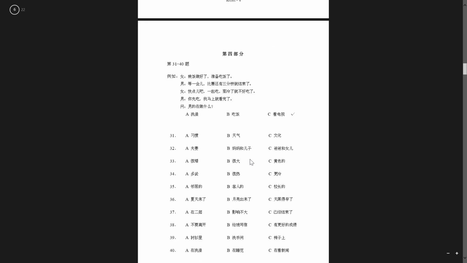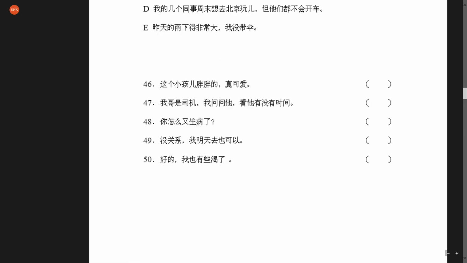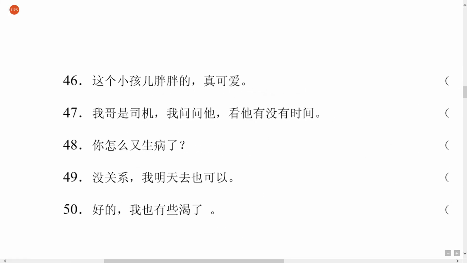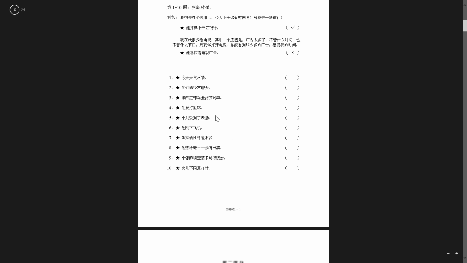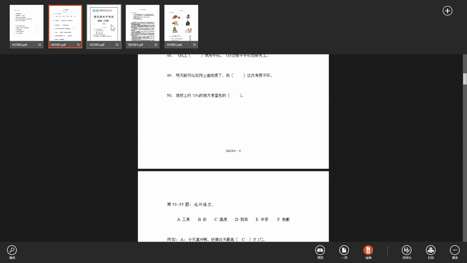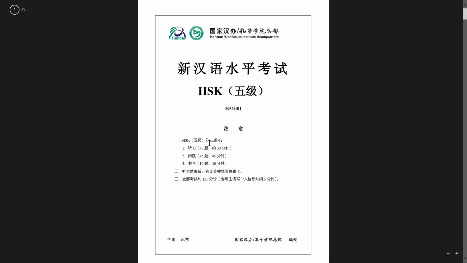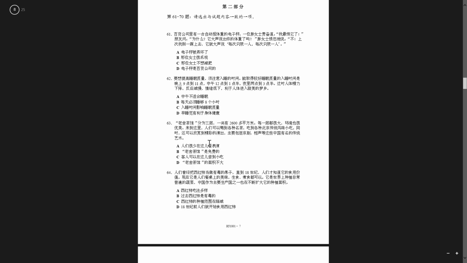Right, as you can see, this is level 3. There are already more characters, and you don't have pinyin anymore. So you have to actually memorize the words without pinyin. Then level 4, right? You can see the characters got more. Level 5, more character intensive, right?